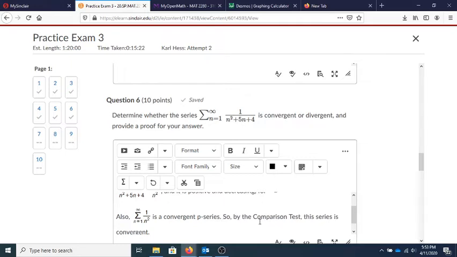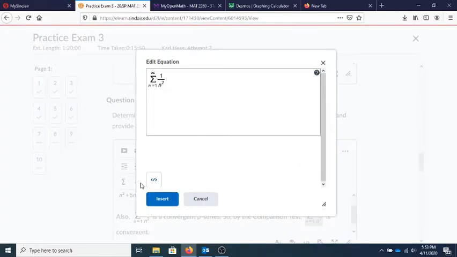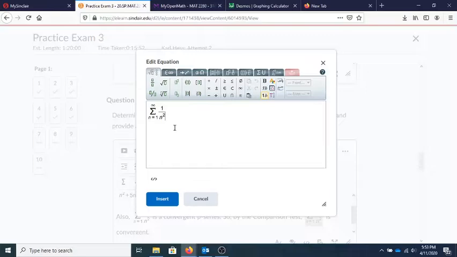So by the comparison test, alright, now I need to be explicit about my original series. My final conclusion is about the original series. So I'm going to click on this to highlight it, and press Control C, and over here where I typed this series, I'm going to delete that and paste this in, and then click on it again and go back to my equation editor symbol, and I can make this plus 5n plus 4.